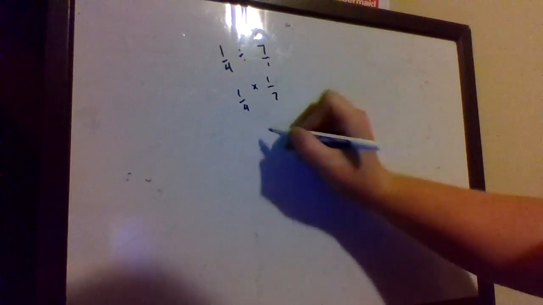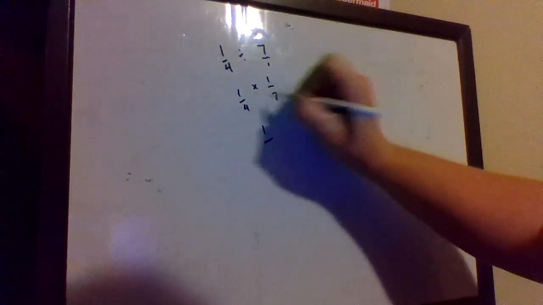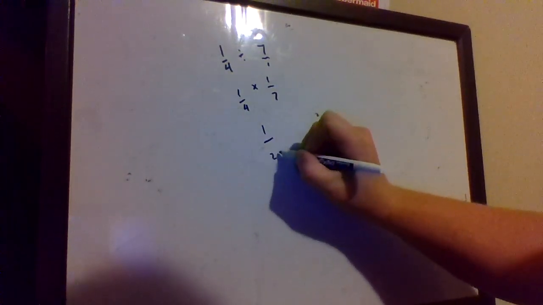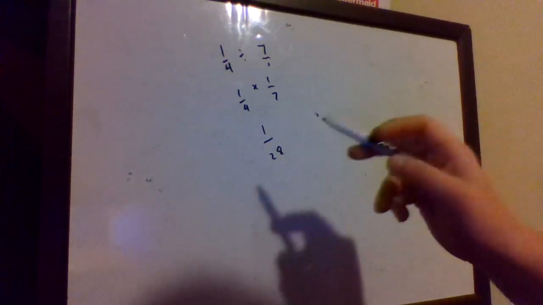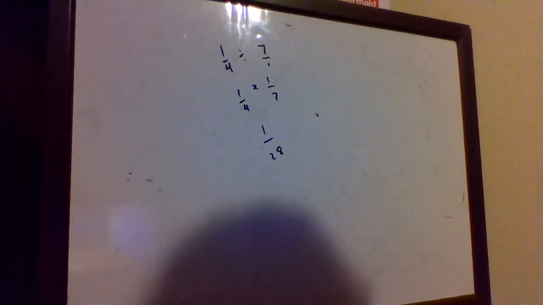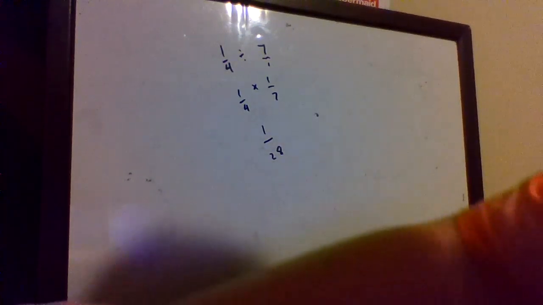Now everybody's going to know how we're dividing fractions. So 1 times 1 is 1, and 4 times 7 is 28. So our answer to 1/4 divided by 7 is 1/28. Or just 1/28 if you feel more comfortable saying it like that.